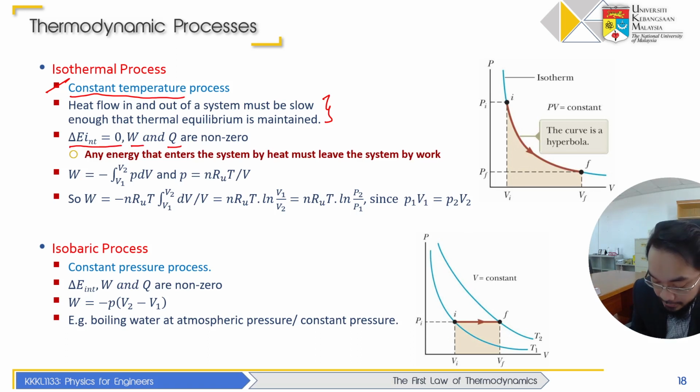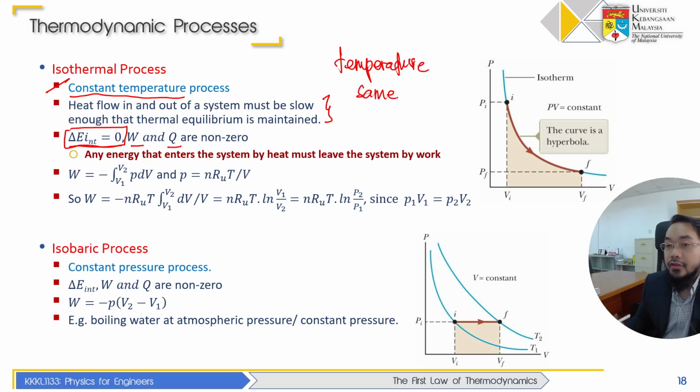Why is the change in internal energy equal to 0? Because temperature remains the same. When temperature is the same, internal energy is also the same from initial to final, because internal energy is related to the vibration and movement of atoms, and that is reflective of the temperature. If you have an increase in internal energy, you have an increase in temperature.